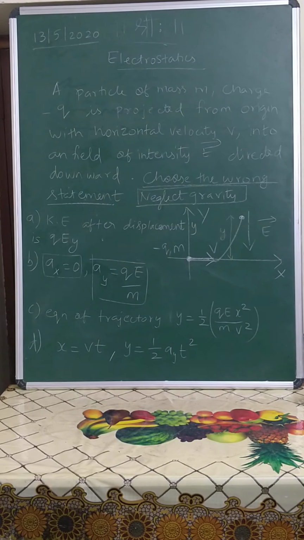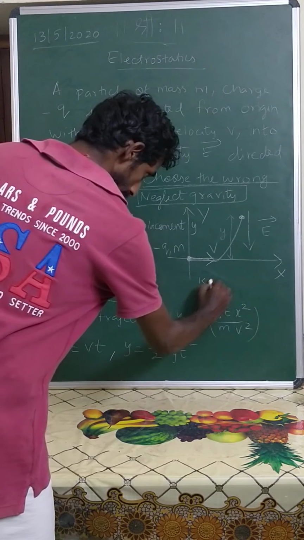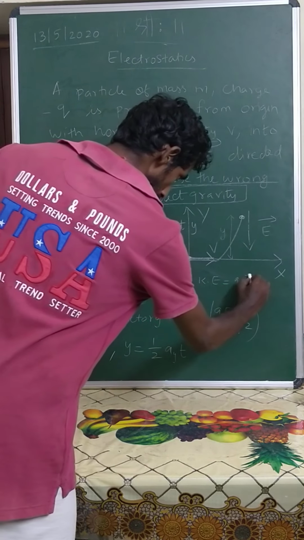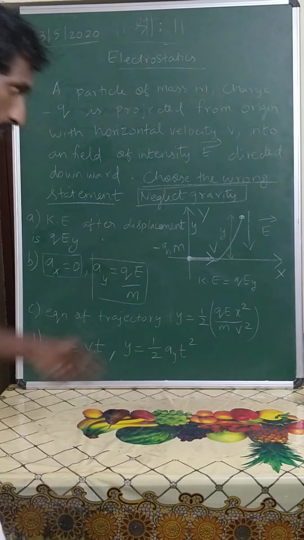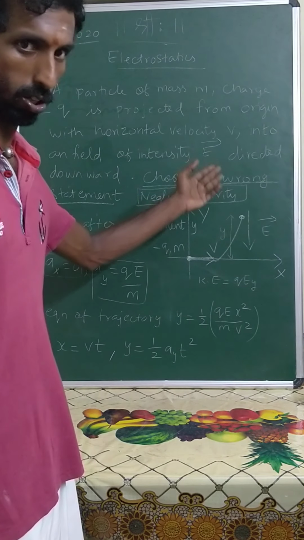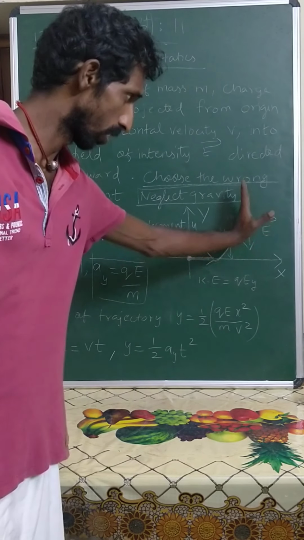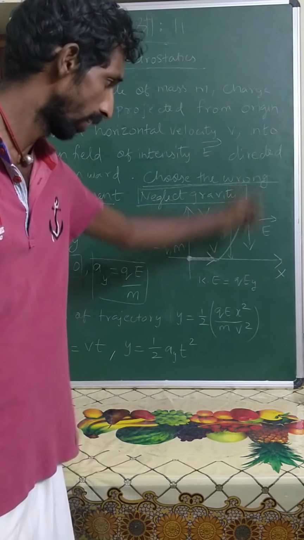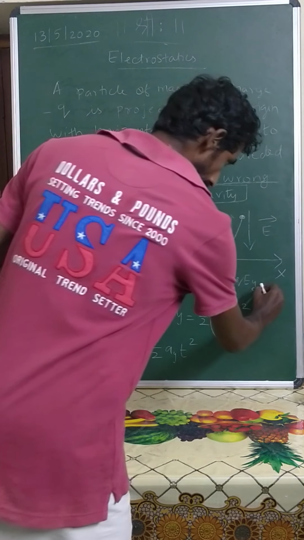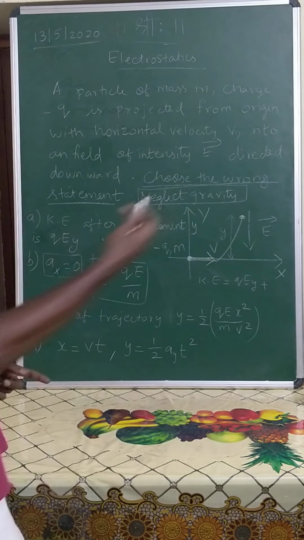That is, QEY is force into displacement along the y direction, where QE is the electric force acting upward and the displacement is y, plus the x direction also we want to add.